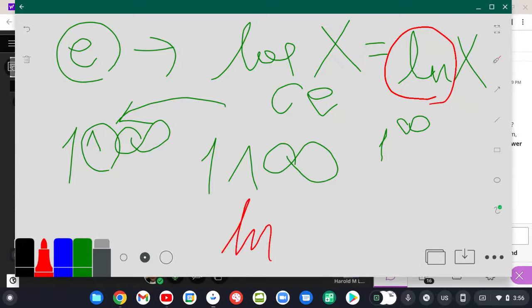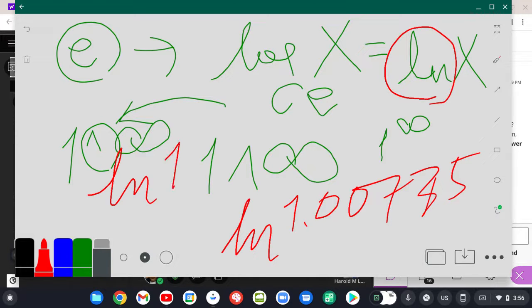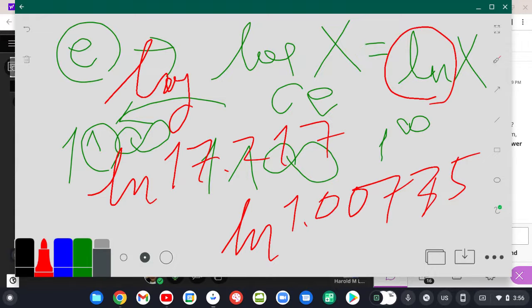I mean, it's natural log of, let's say, 1.00735, or you can take natural log of any number, 17.217, or in other words, common log. Yes, you can take the common log of numbers like that. I mean, it's not impossible, right? You can take common log of something like this still, because it's the calculator that will calculate it.